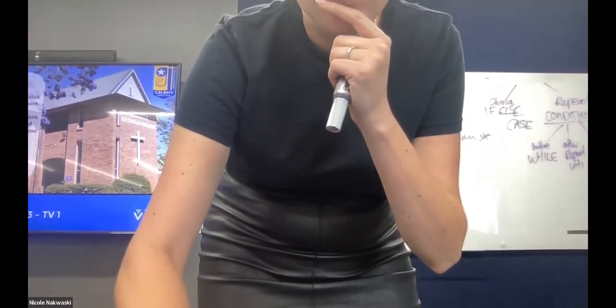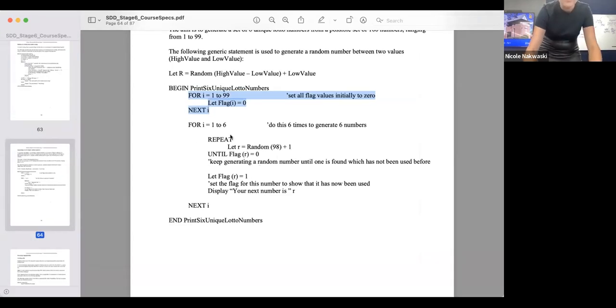Okay, right. Let's have a look at this. This is the line where we're all getting a bit confused, right? Let R equals random brackets 98 plus 1. The word random is sitting in there and we're a bit lost. Unfortunately, some of this stuff you have to commit to memory.